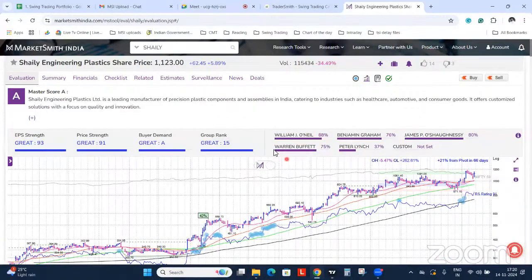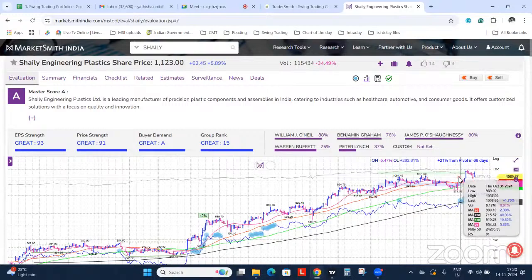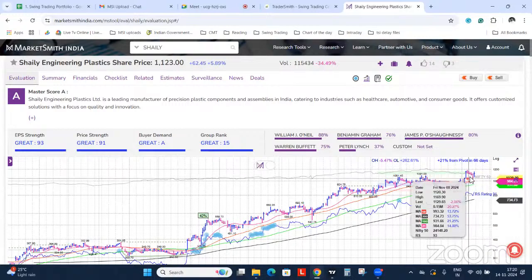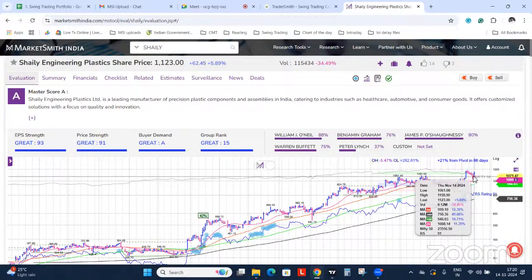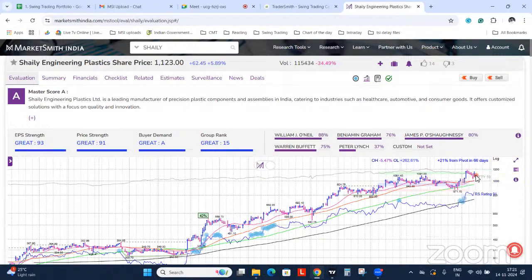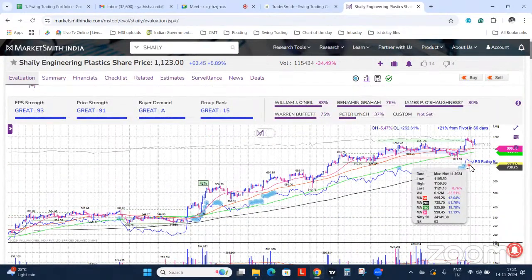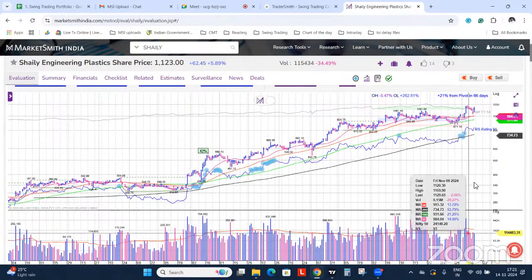Shaili Engineering is a very good, fundamentally strong stock, and there has been a very good breakout in the 1040 to 1060 range. After that breakout there was a slight pullback, and today there is a retest of that breakout and a bounce. Volume is also great, not below average, which is a very good sign.